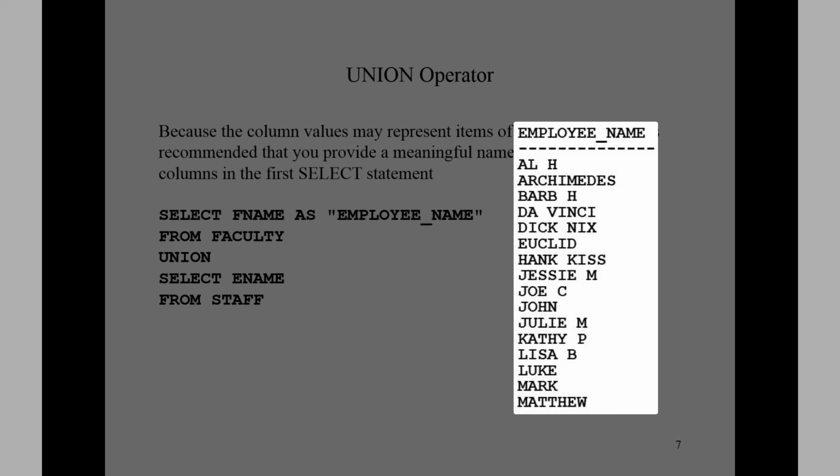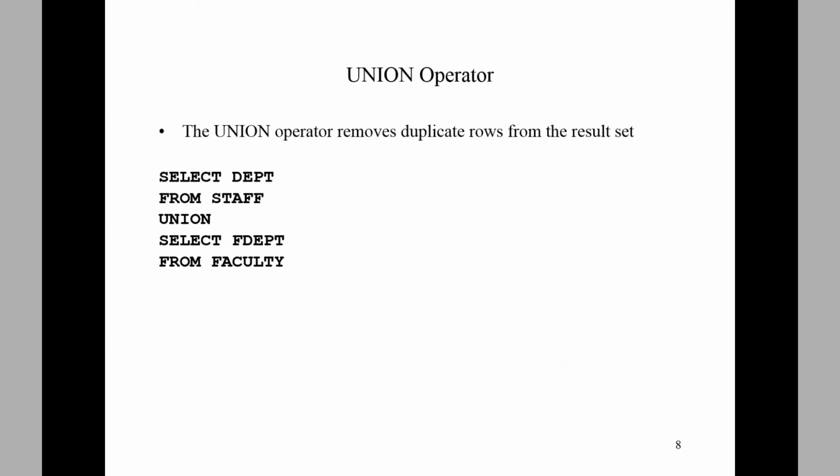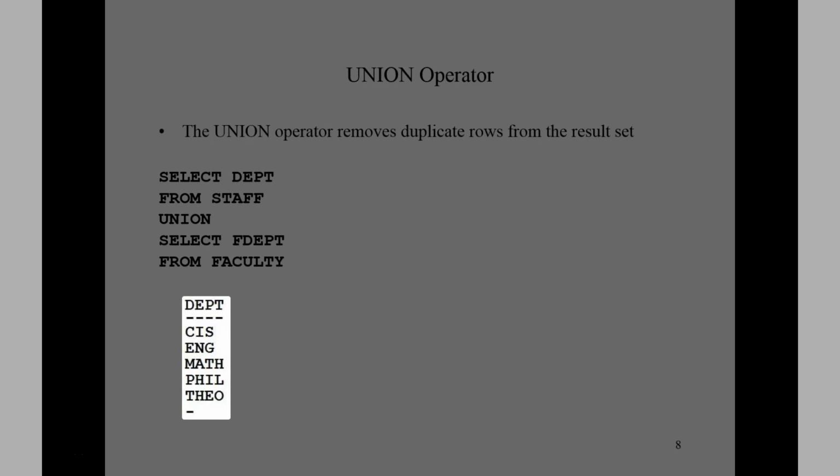So let's look at a query where duplicate values will be encountered. In this statement, we wish to identify all departments that have employees. Note that a department that employs staff only and has no faculty will be reflected in the output.